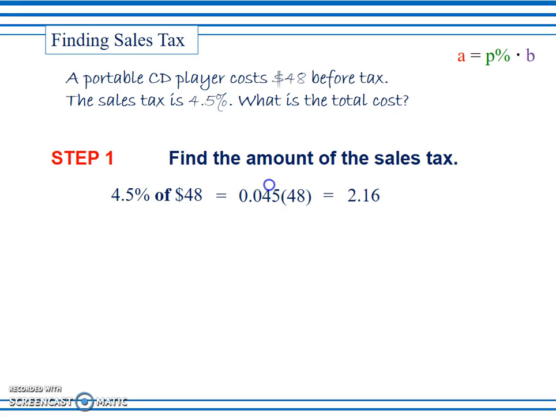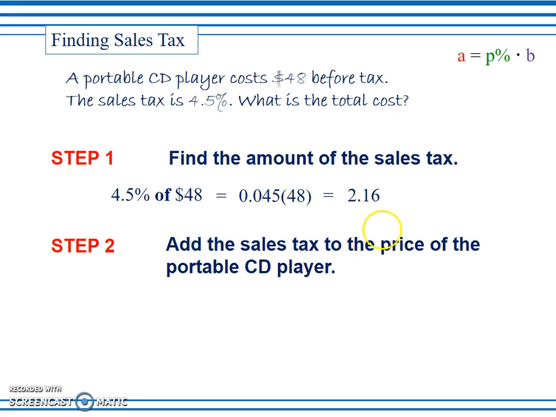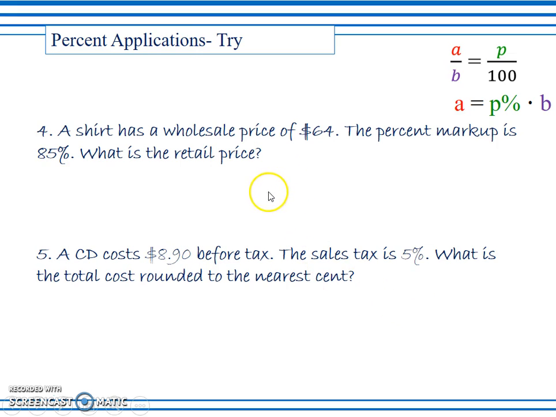So next, we're going to add the sales tax and the item of $48. So we have $2.16 plus $48, so that when we walk out of the store with the portable CD player, we've paid $50.16.